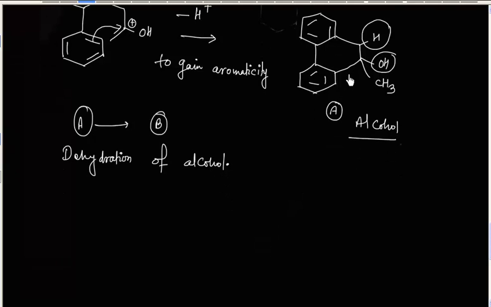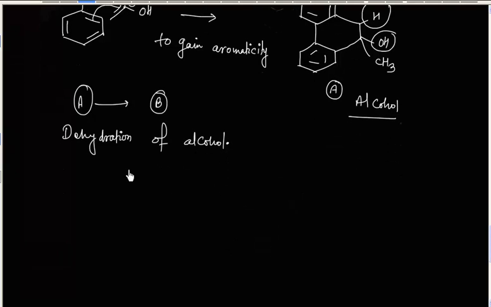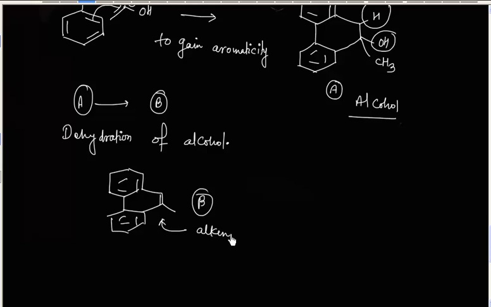So we will have a double bond here. So this is the final product we will have in this case, that is B. And B is an alkene because it has a double bond.